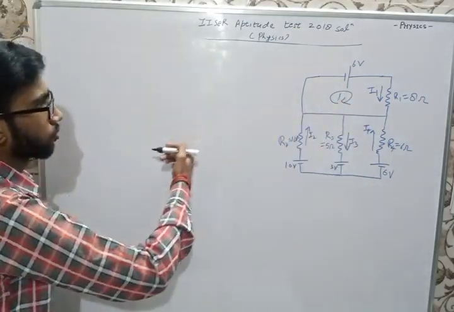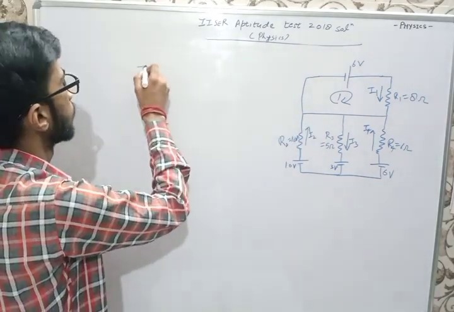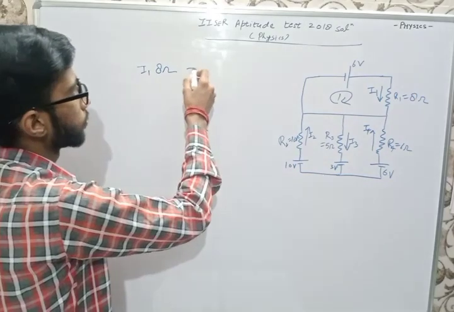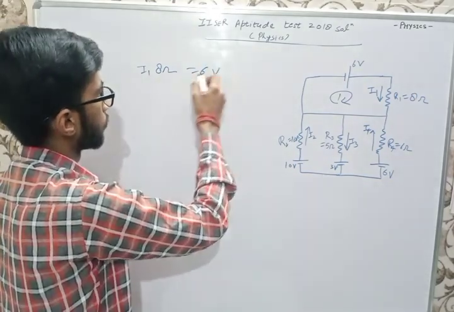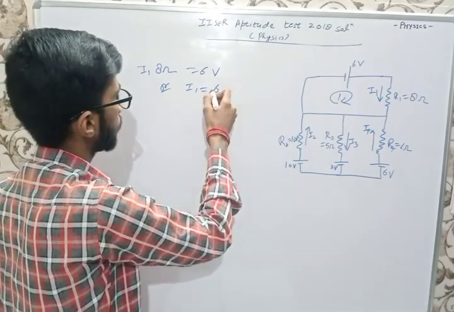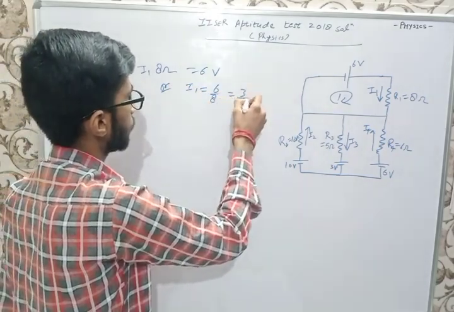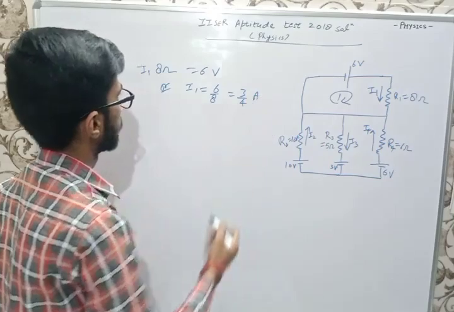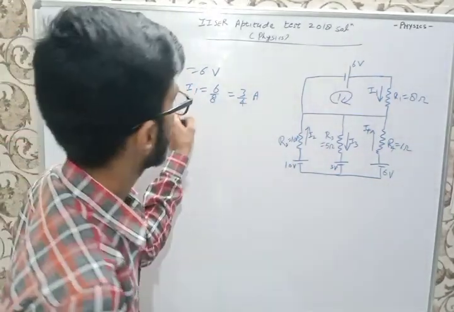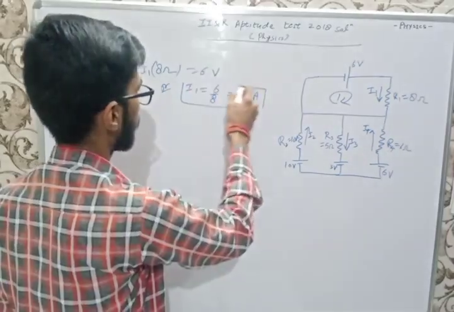If you apply Kirchhoff's law, you will get I1 into 8 ohm equal to the 6 volt, or simply I1 equals 6 over 8, meaning 3 over 4 ampere. This is the first value of I1.